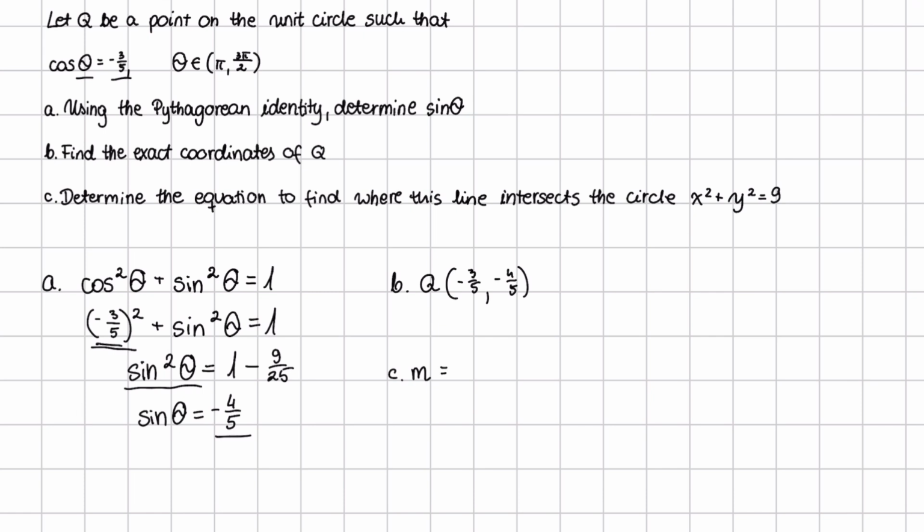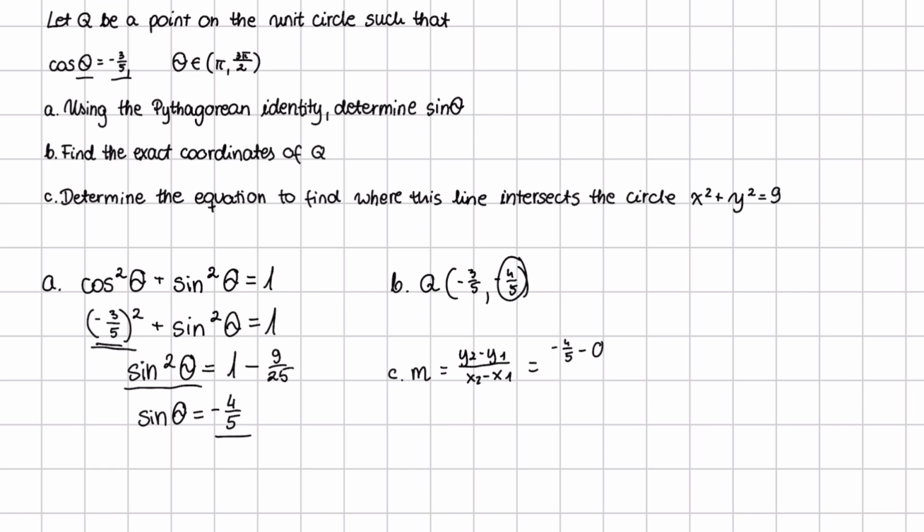So we have m equals y2 minus y1 over x2 minus x1. So our y2 is basically minus 4 over 5, and we don't have y1, so it's just 0.